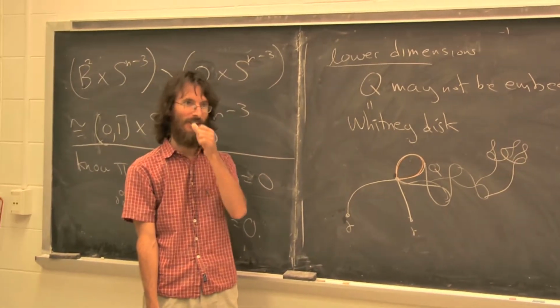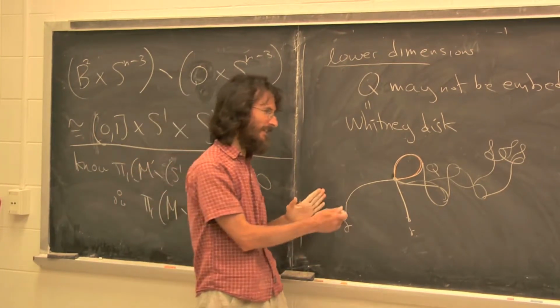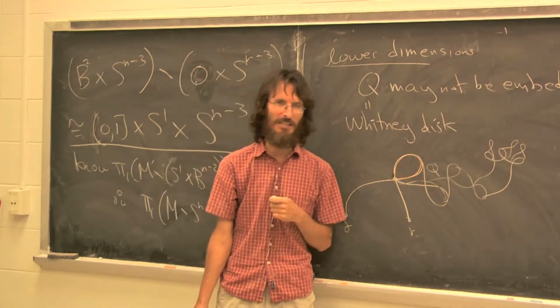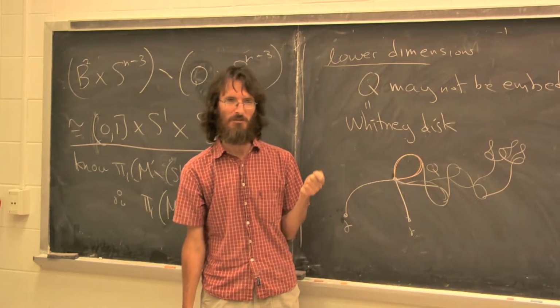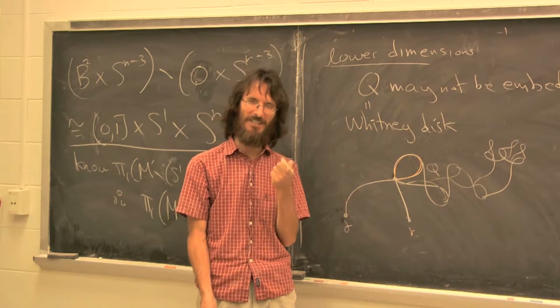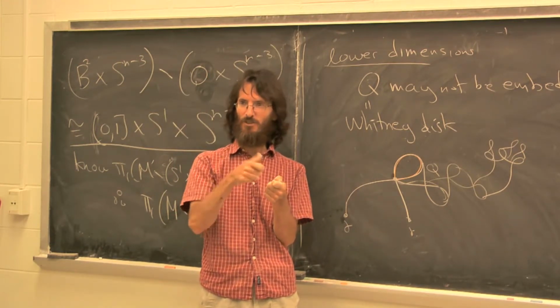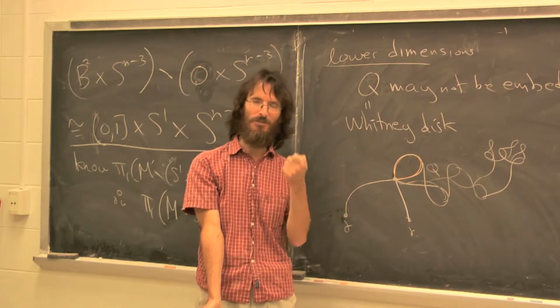And that's obviously pretty hard to try to imagine how you do all that. I think showing it's a topologically embedded disk might not be so hard, but you want to show it's a topologically embedded disk with a topologically embedded collar neighborhood. So it's actually a topologically embedded handle, a topologically embedded D2 cross D2, I guess, right?